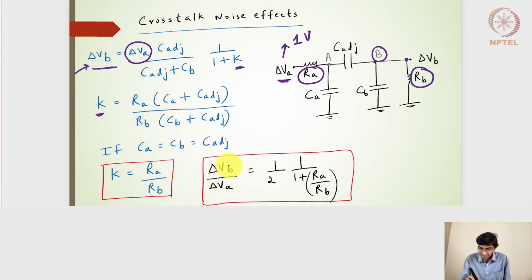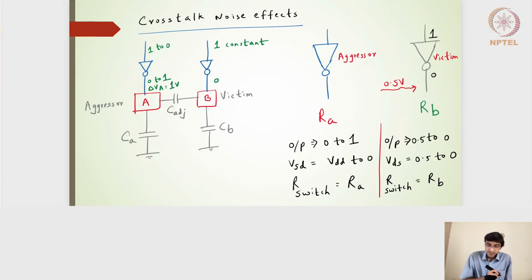So the change in delta VB with respect to the change in delta VA becomes a function of the driver switching resistance between RA and RB. All right. So let's say this is my aggressor wire, and this is the victim wire. Let's say there is a change in the voltage, delta VA is 1 volt here.